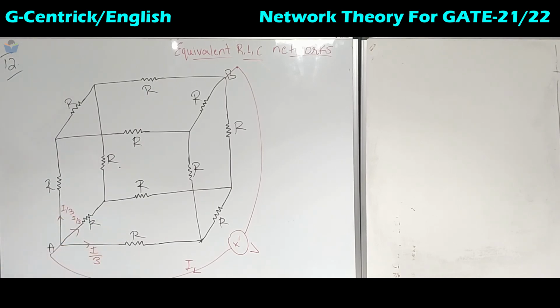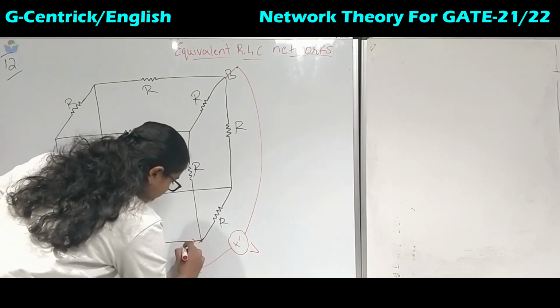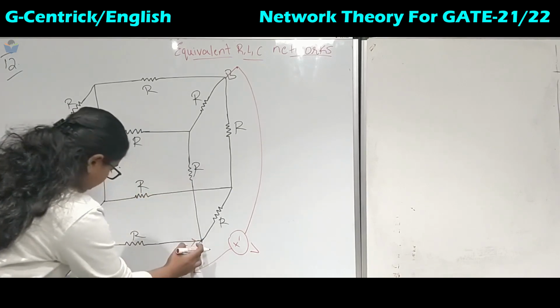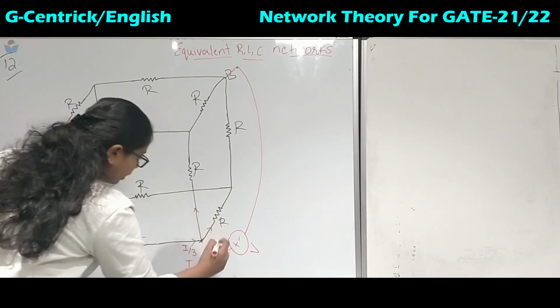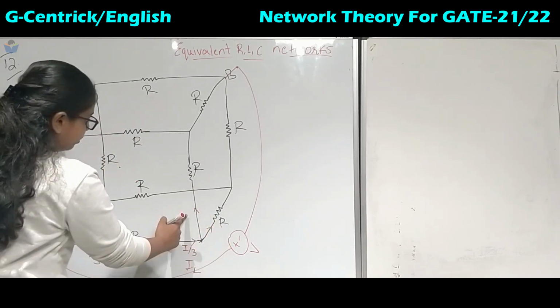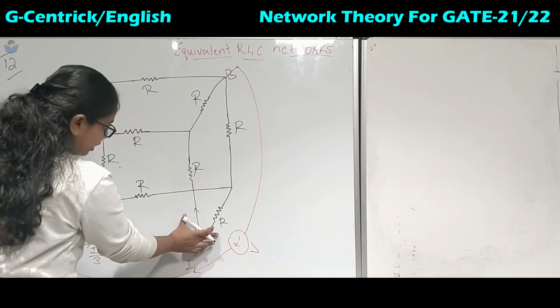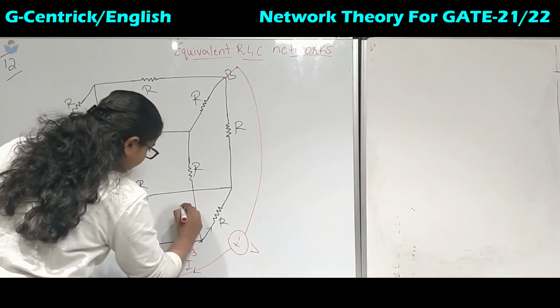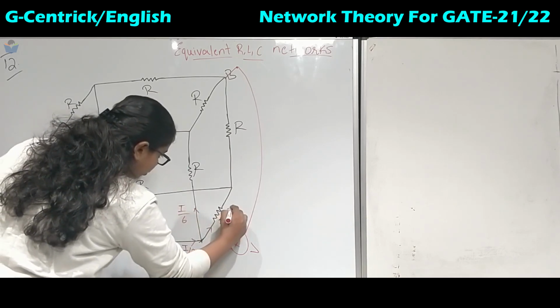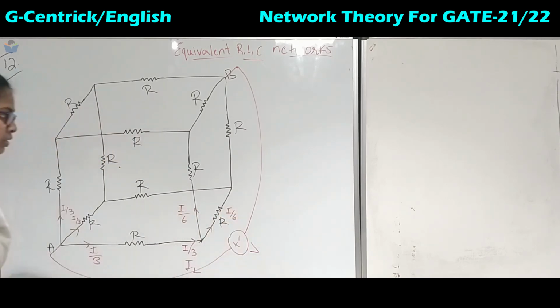Moving further, here also the same amount of current is there, that is I by 3. Now we will get two branches here, so this I by 3 gets divided equally. When it gets divided equally, it will be I by 6, and here also it is I by 6.